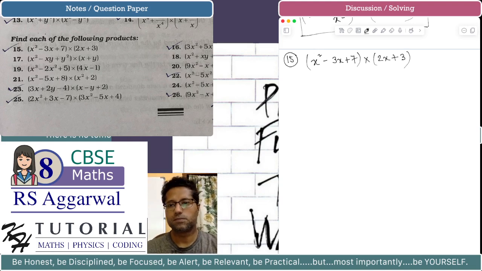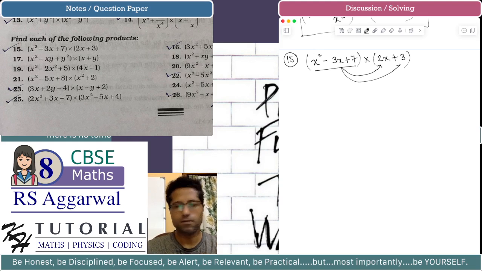Now, as I discussed, this is a product of a polynomial and a binomial. So you can consider finding the product of this polynomial with each term of the binomial.